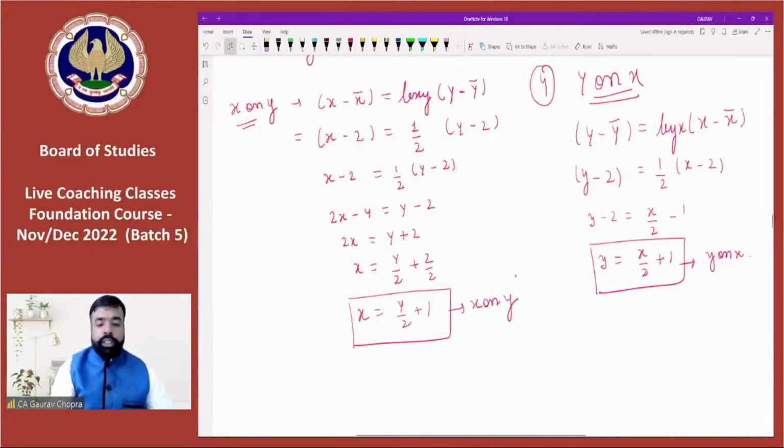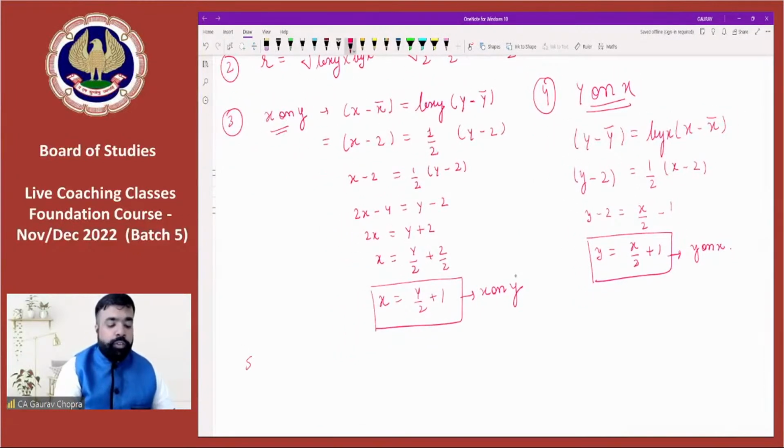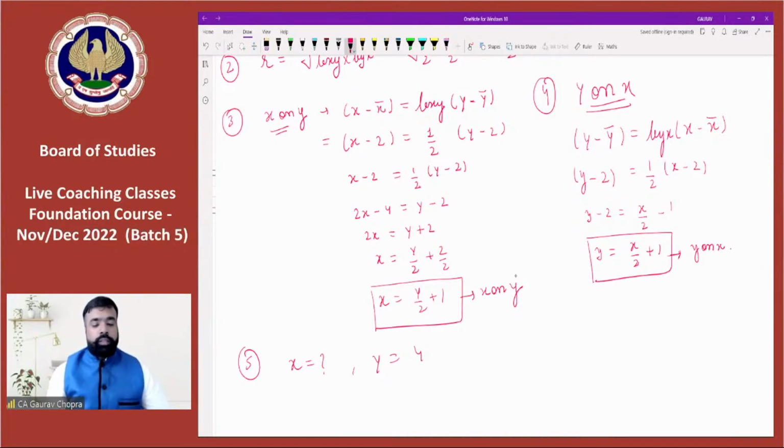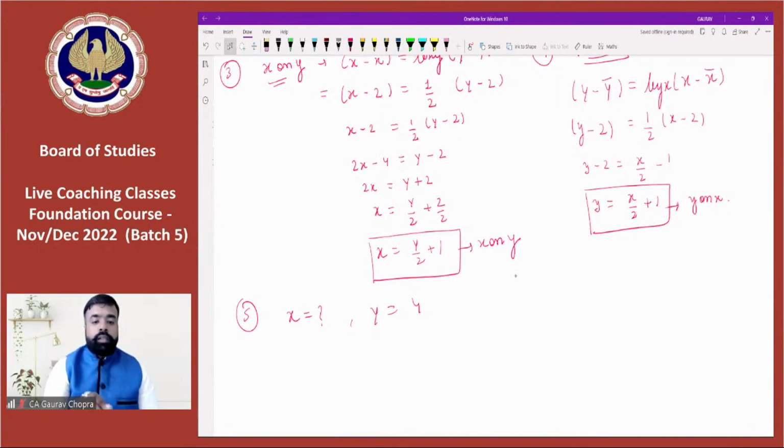This is equation y on x. Now, in this question, if we have to find the value of x when y is, let's say, 4. Find the value of x when y is equal to 4.